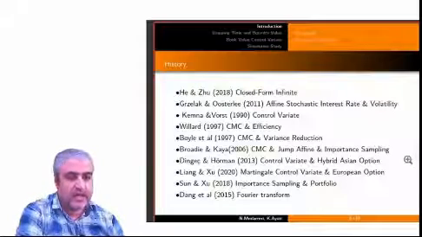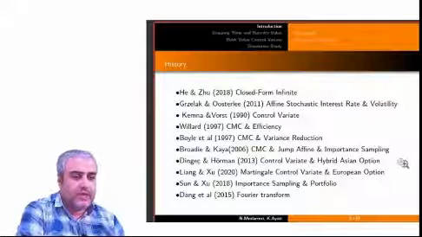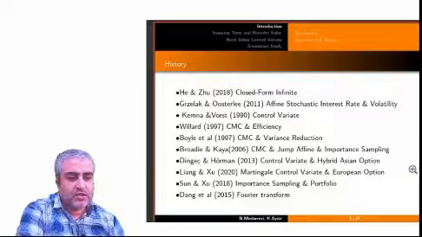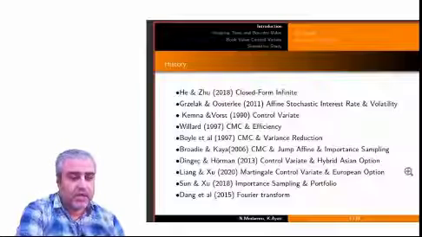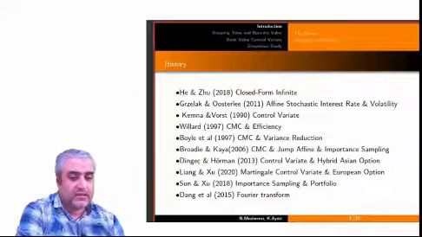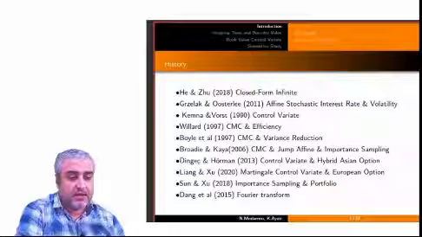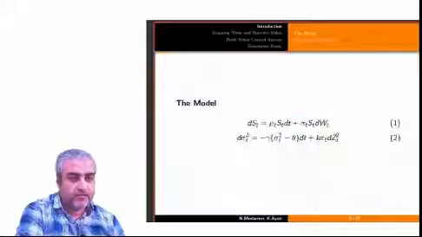In this talk, American option, and other techniques for variance reduction such as importance sampling in portfolios, or fast computing with Fourier transform.